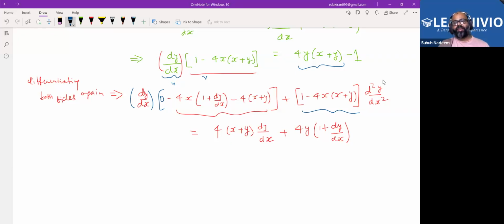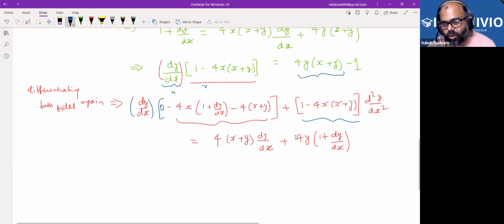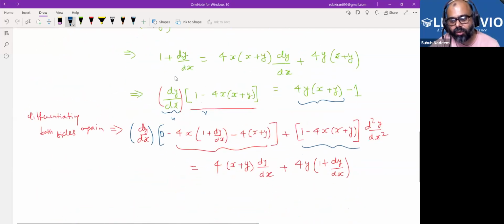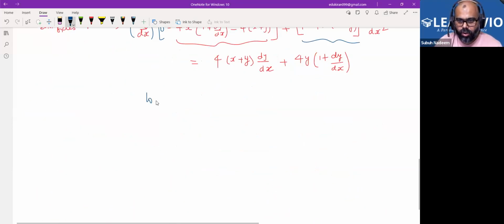Now we have to find d2y by dx square at x equal to 0. So here what we will do, first we will go back, and in this equation, we will first find y when x is equal to 0. So it was log (x plus y) to the base e is equal to 4xy.